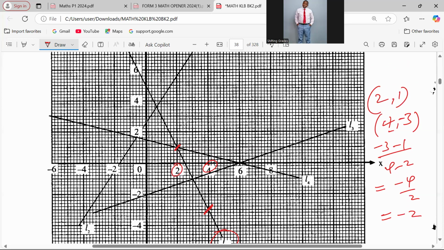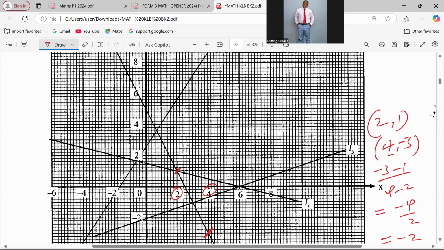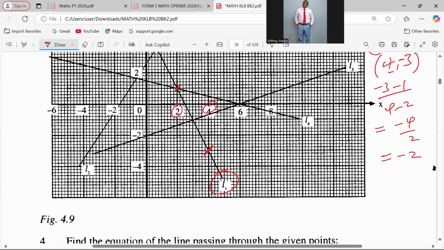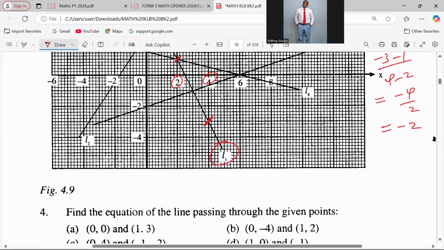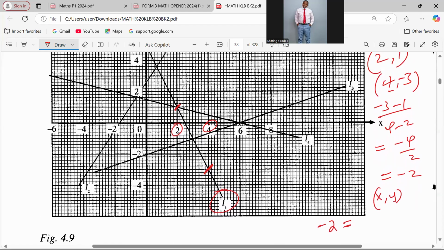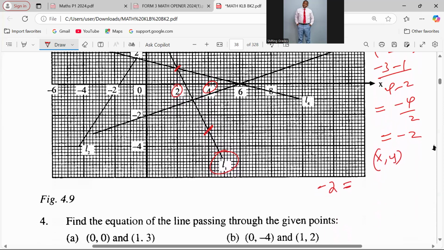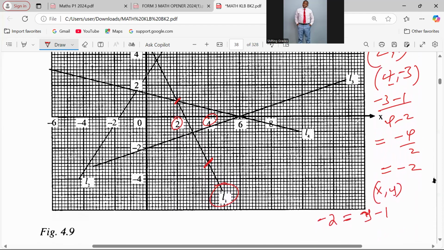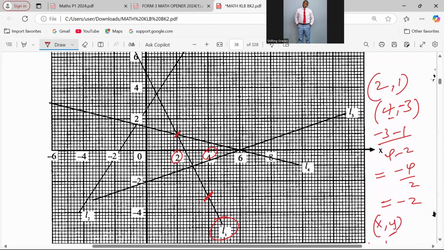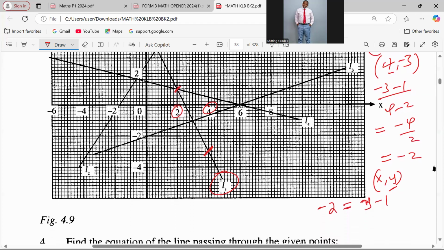And naturally, depending on how L1 is sloping, we can just get the gradient without struggling. The equation can now be found with a lot of ease. We take the gradient, -2, then use another coordinate, x, y, together with one of the provided coordinates, like 2, 1. So y minus 1 over x minus 2.